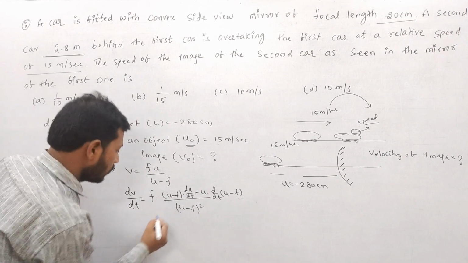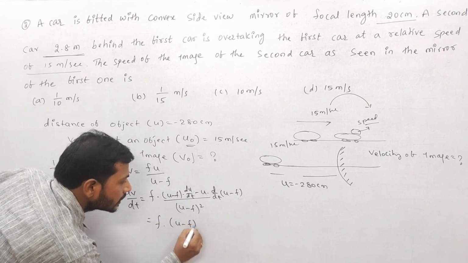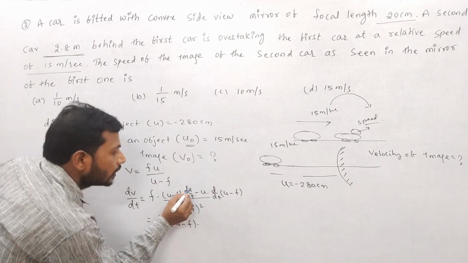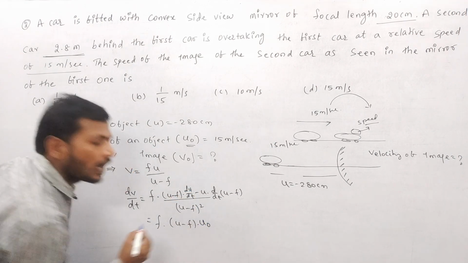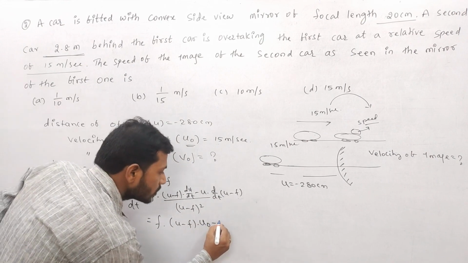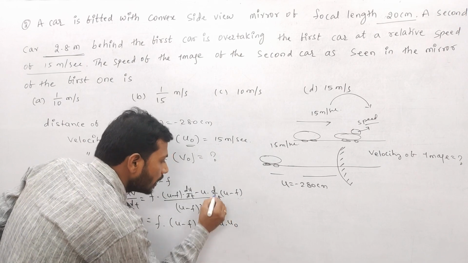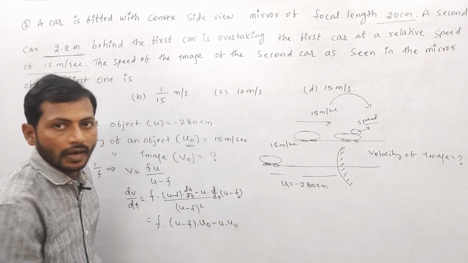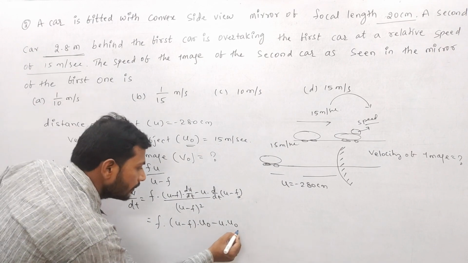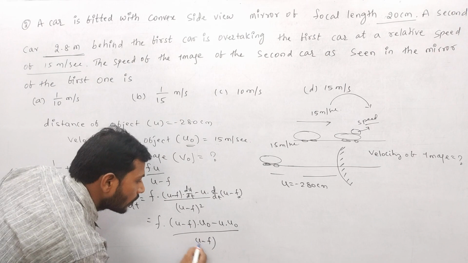Then f into u minus f into du by dt, the change in position of the object, is called the velocity of the object, u naught, minus u into du by dt into u naught. d by dt of f is 0 because focal length is a constant, divided by u minus f whole square.